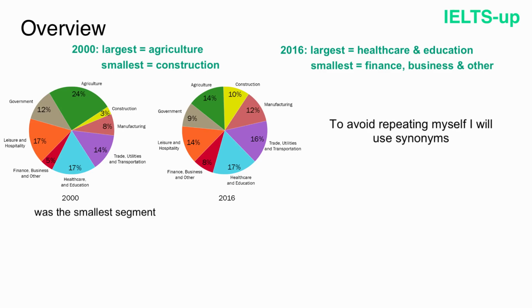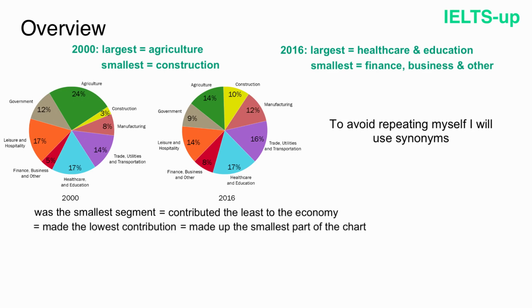The phrase "was the smallest segment" can be replaced with "contributed the least to the economy", "made the lowest contribution", "made up the smallest part of the chart", and "was the least significant part of the economy". And the same for the largest slice.